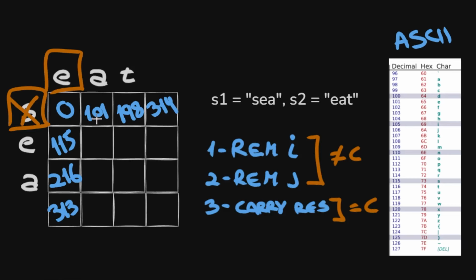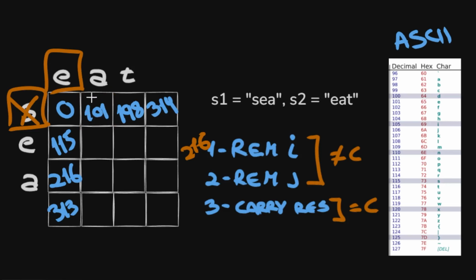Now we need to take the accumulated value, meaning 101, and add the code corresponding to the character that we are removing. And 101 plus the code for S, meaning 115, is 216. And maybe you are wondering, why are we taking this accumulated number?